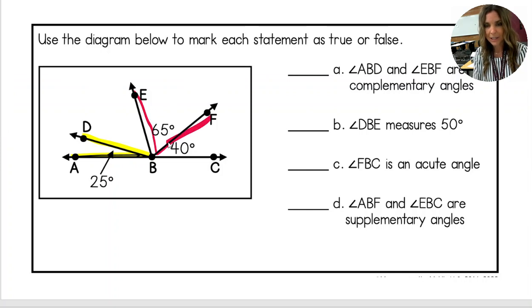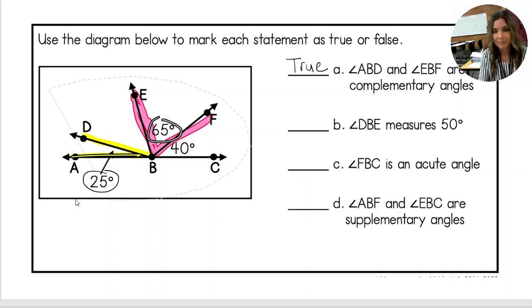And it says that those two right there are complementary. Well, we know that one of them is 25, right? And one of them is 65, and those two do add up to be 90, so that statement is true. They are complementary.